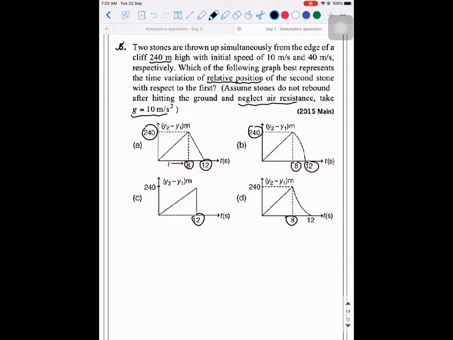Take G is equal to 10 meters per second square. So here they are asking the graph between which two parameters?